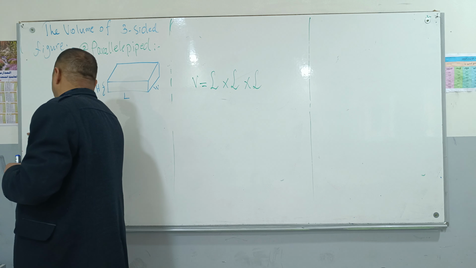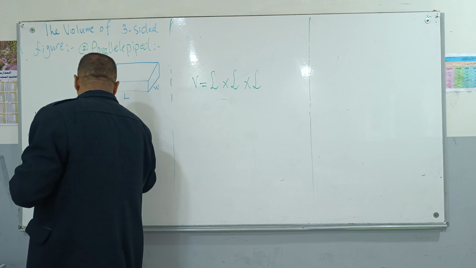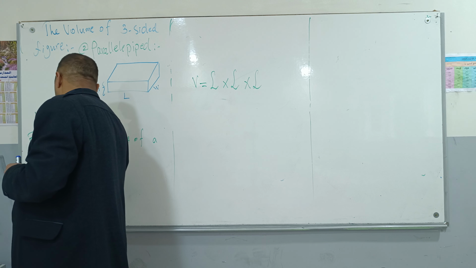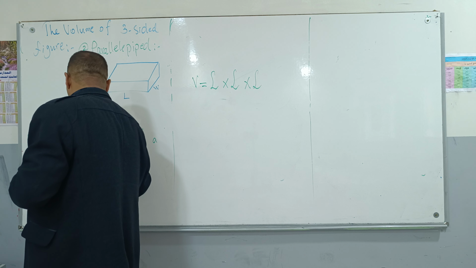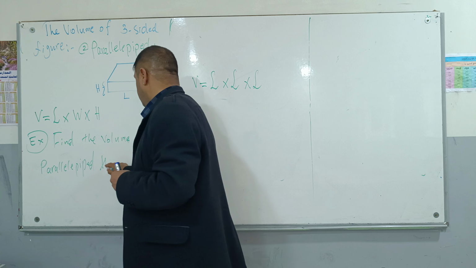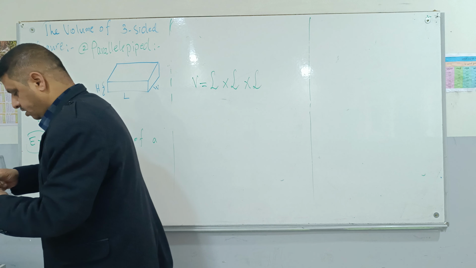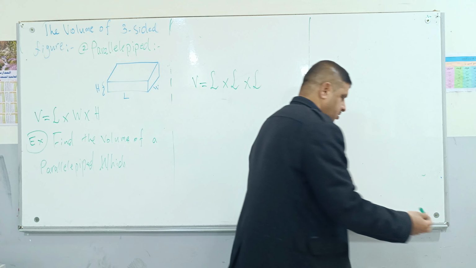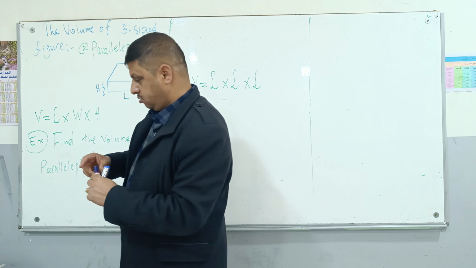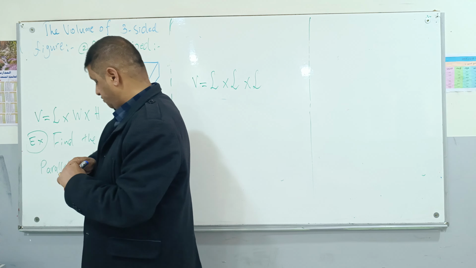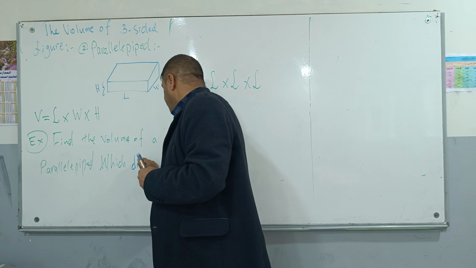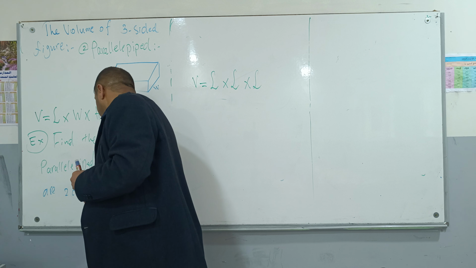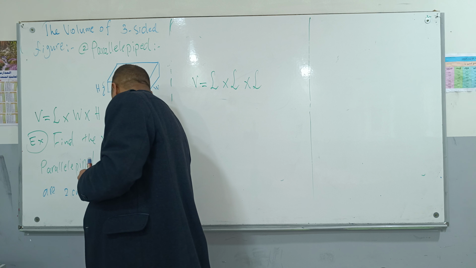Example. Find the volume of a parallelepiped, which dimensions are 2 centimeter, 5 centimeter, 3 centimeter.